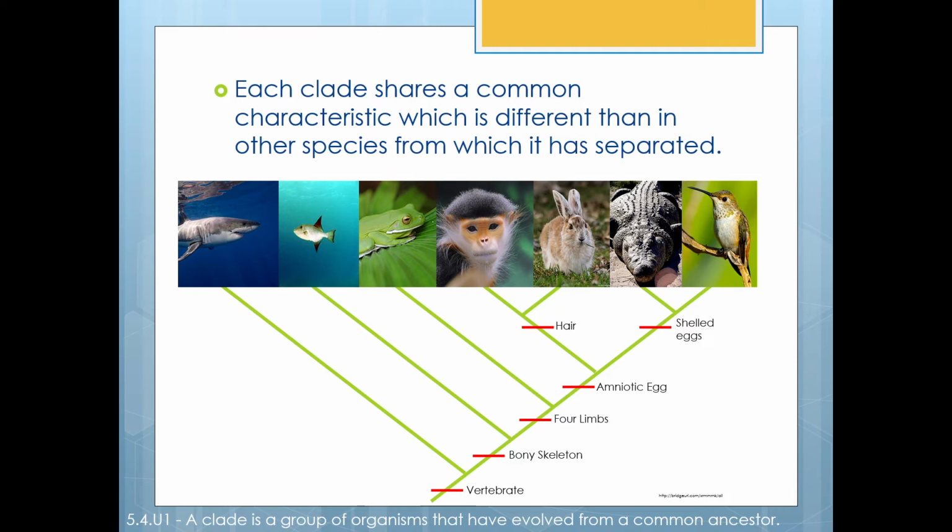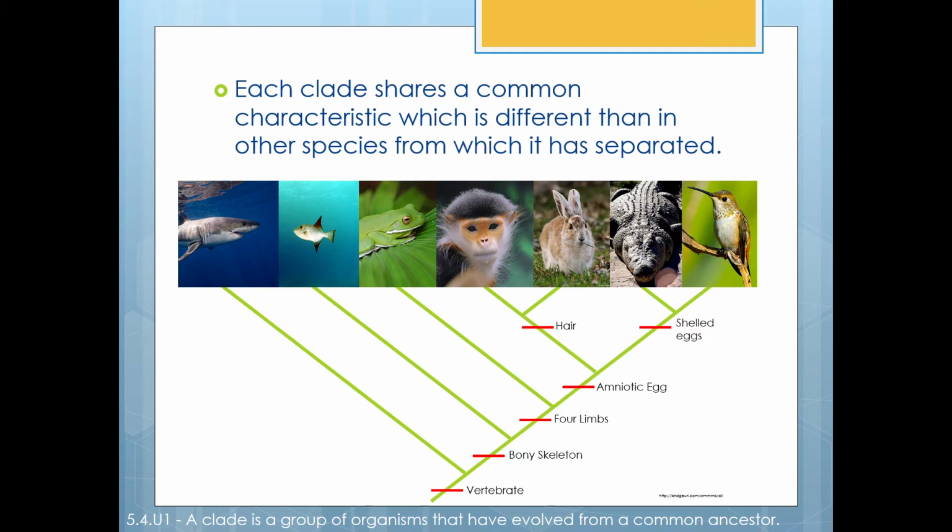So all vertebrates have vertebrae. These are these bony units in the spine. Then sharks are sort of left aside, while the rest of all vertebrates have also a bony skeleton. This is their common feature, which all of them got from their common ancestor.